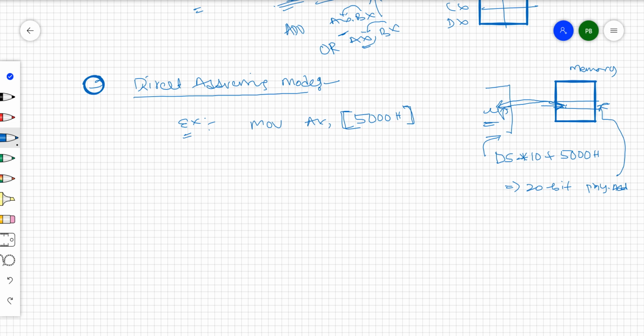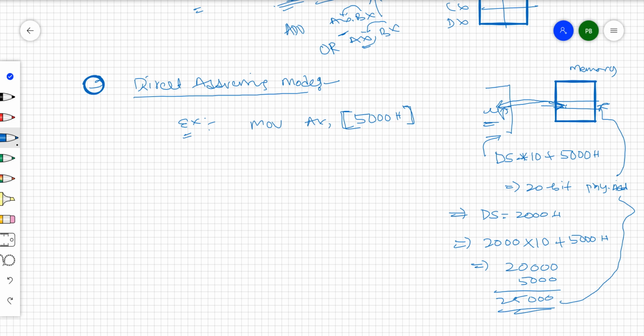For example, before executing this instruction, DS is 2000H. The 20-bit physical address is calculated as 2000H into 10 plus 5000H, which happens internally, and the 20-bit physical address generated is 25000. This is the 20-bit physical address to select one external memory location.